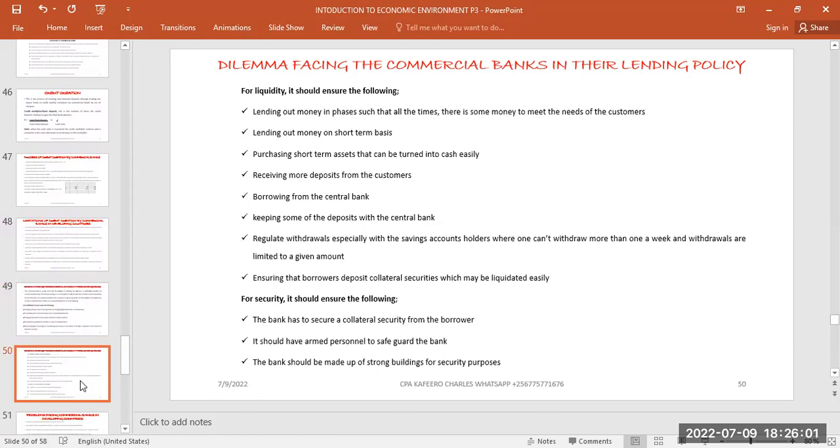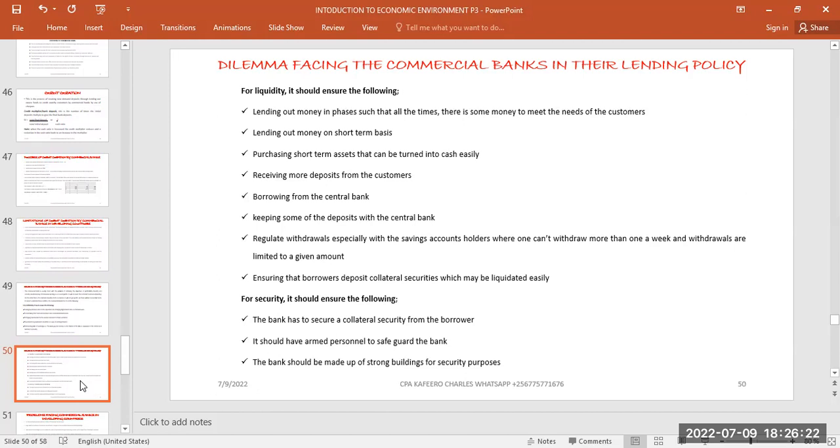This is for liquidity, and liquidity means making money available to customers when they want it. First of all, the bank has to lend out money in phases, so that all the time there is some money to meet the needs of the customers.